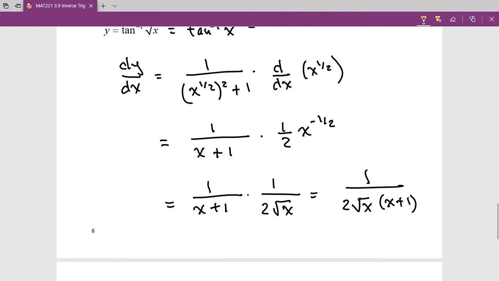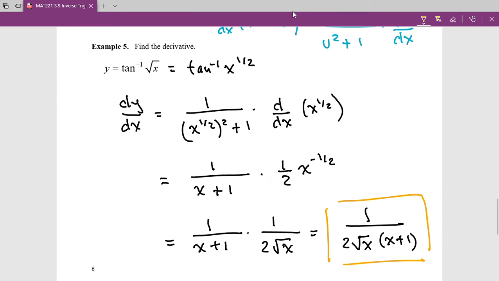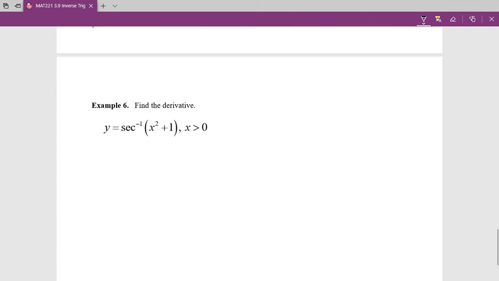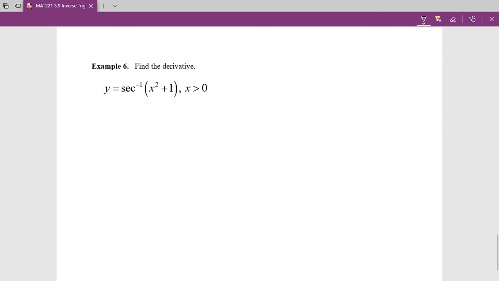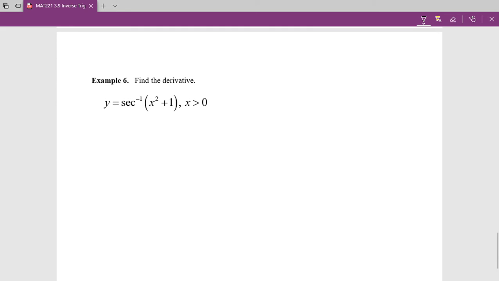All right, so there's our derivative there. And let's see, one more here. Example 6. Here we're looking at secant inverse of a function. So here's that rule.